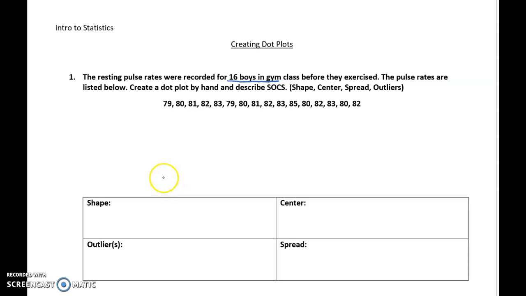We first want to draw our line for a dot plot, and we have to find our smallest number. The smallest number looks like it is 79, and the largest number is 85.